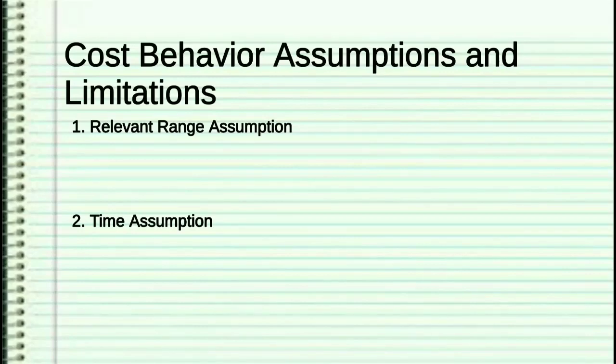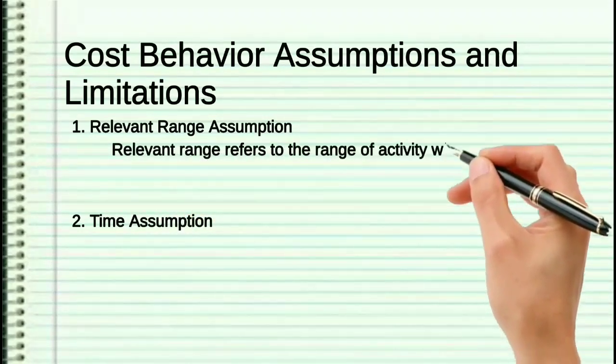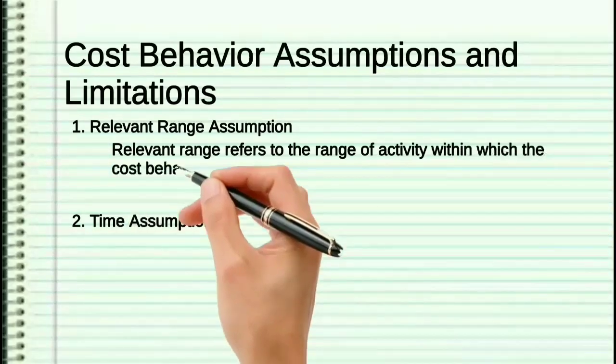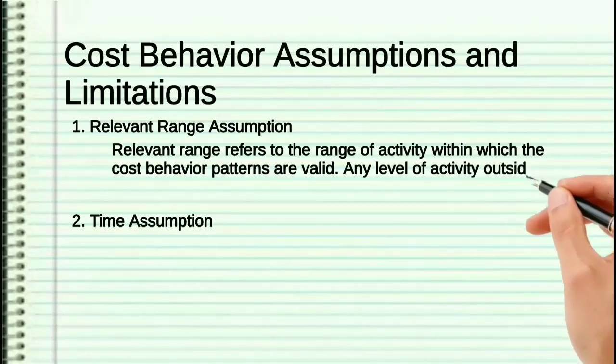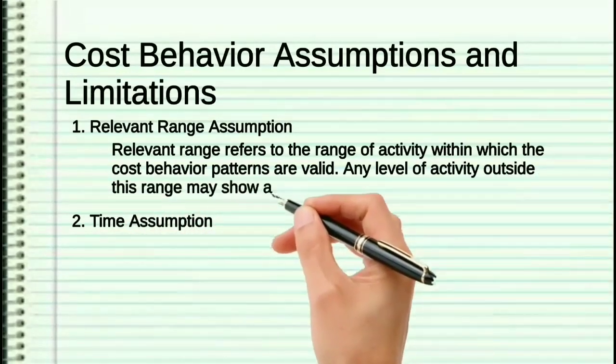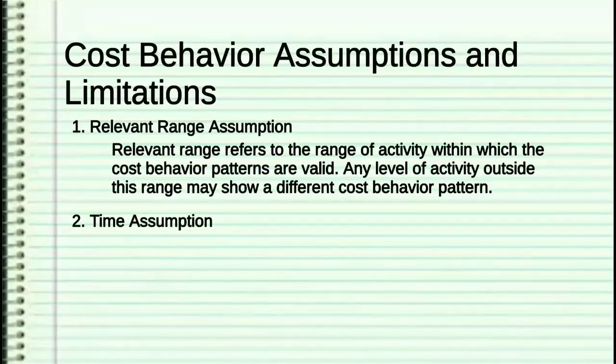The relevant range assumption states that the relevant range refers to the range of activity within which the cost behavior patterns are valid. Any level of activity outside this range may show a different cost behavior pattern.